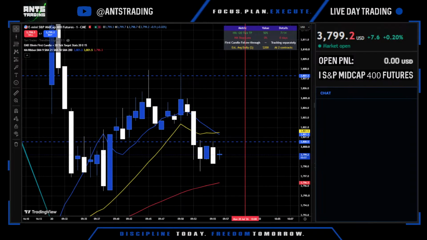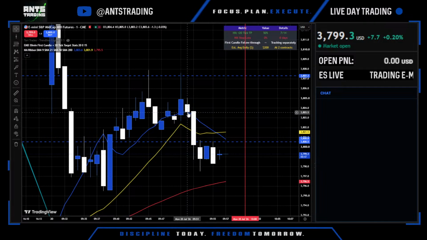Within the time of it loading, let's say it started down here. It went back up again to try to test it, see if it's going to go up past it, but it didn't. And then it closes down at the bottom.